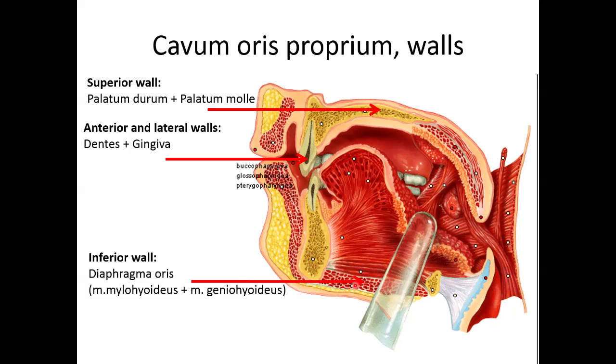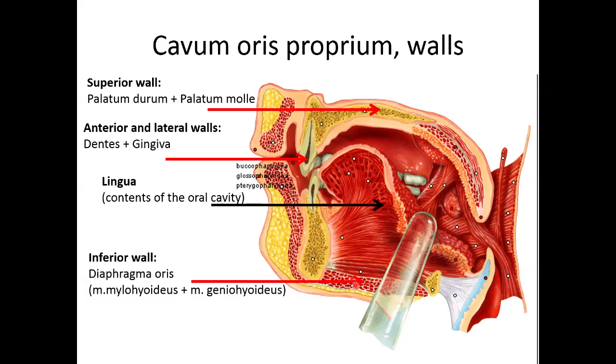And what about the content of the oral cavity? Here it is. The black arrow demonstrates the content. It's lingua or tongue.